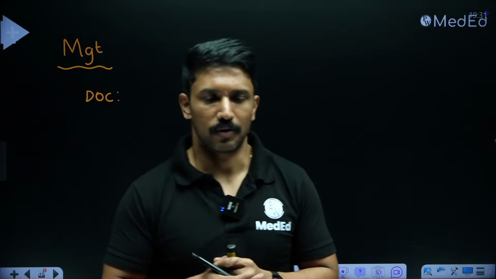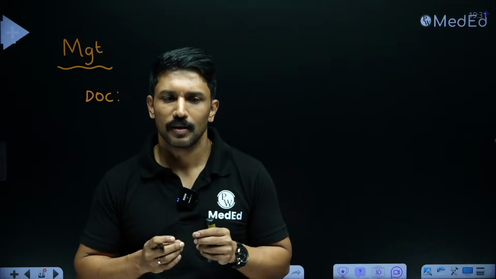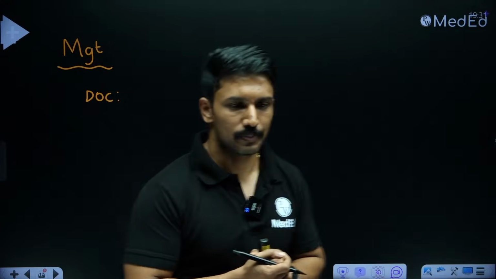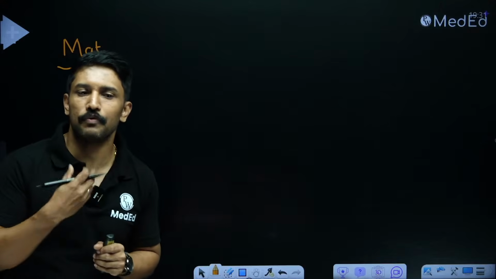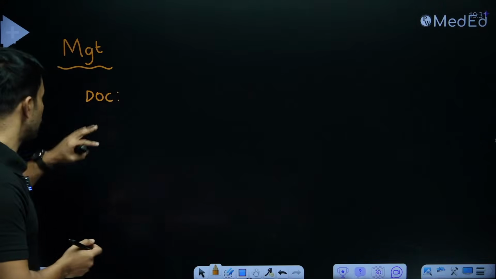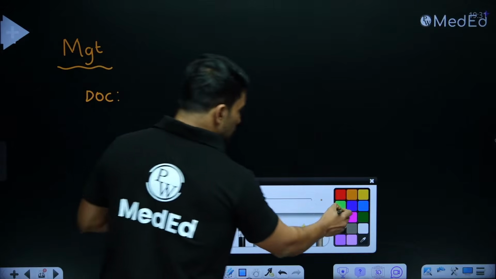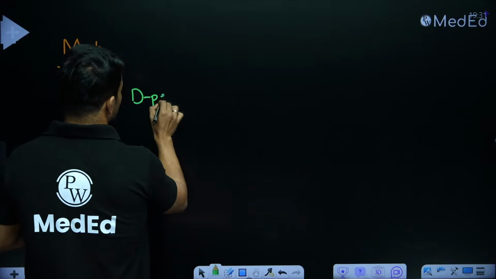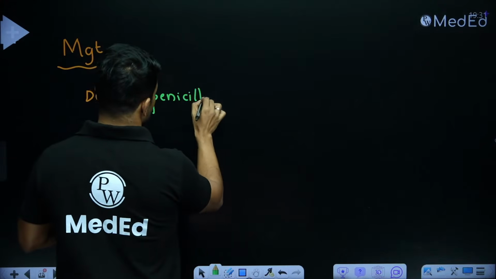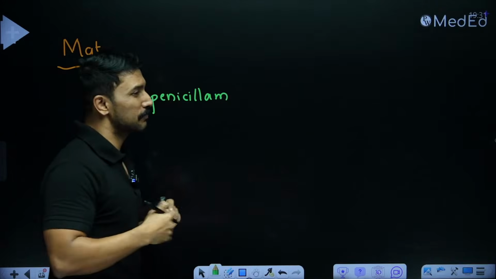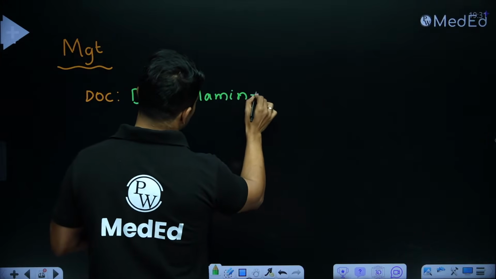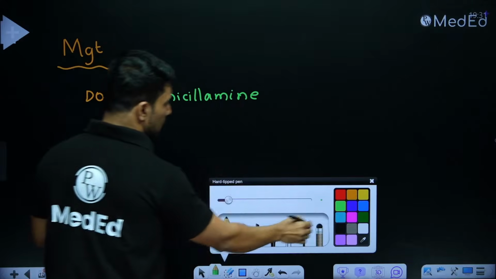Yes, if there is a mutation in a symptomatic patient, there is more than enough to diagnose the case as Wilson disease. You don't have to have a KF ring, you don't have to have the neurological manifestations. Good. Okay, so D-penicillamine is considered the drug of choice. And this D-penicillamine is a copper chelating agent, just like how we had deferasirox or desferrioxamine for iron chelation. D-penicillamine is the copper chelating agent and it is the drug of choice.